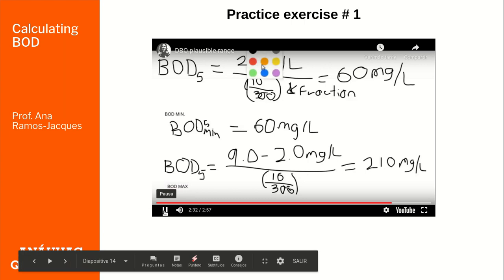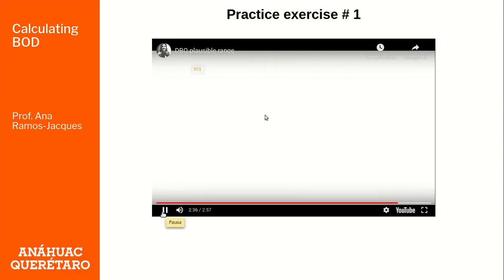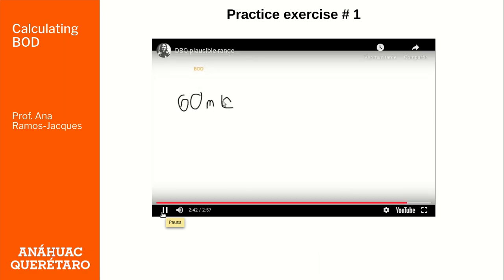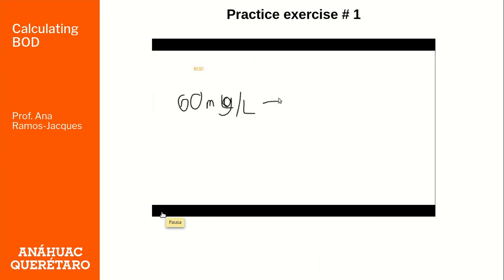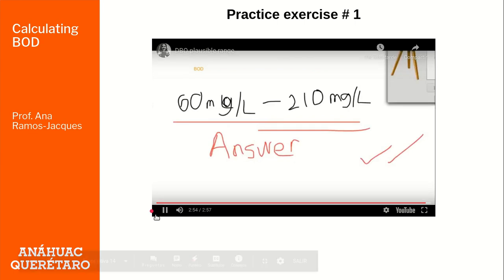That's the BOD5 maximum. Then the plausible range is 60 milligrams per liter to 210 milligrams per liter. So that's the answer of the problem.